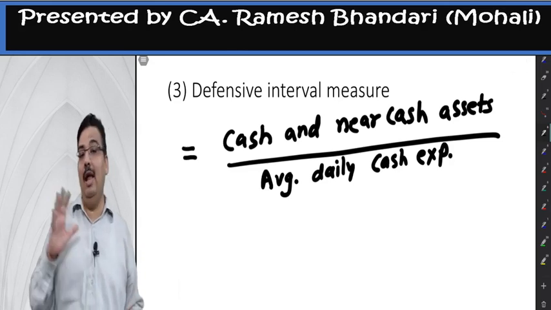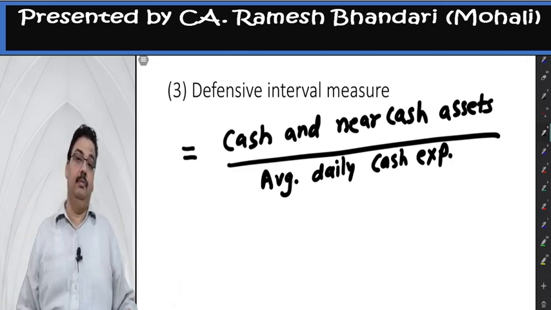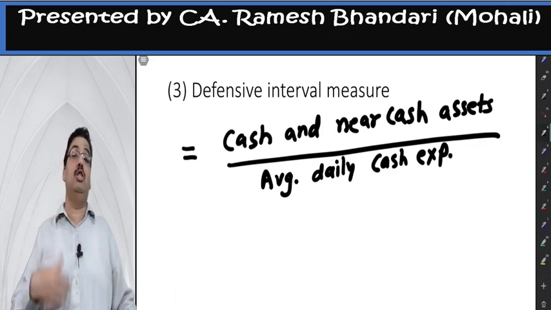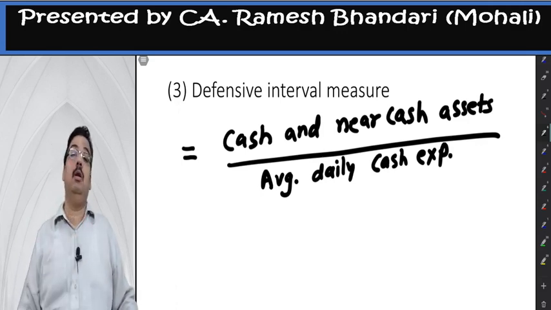If I am having 1 lakh in cash and my daily kharcha is 10,000, I am having cash to run my business for 10 days if there is no more inflow. This is the defensive interval measure.